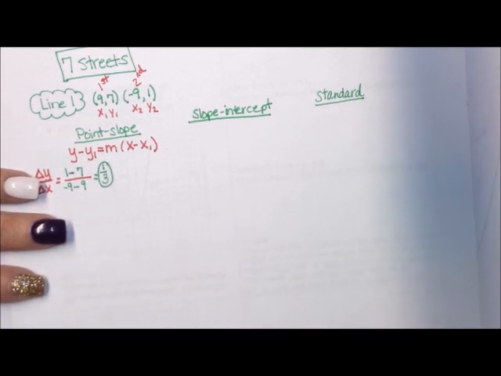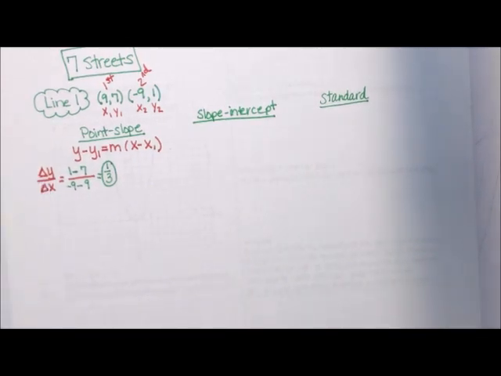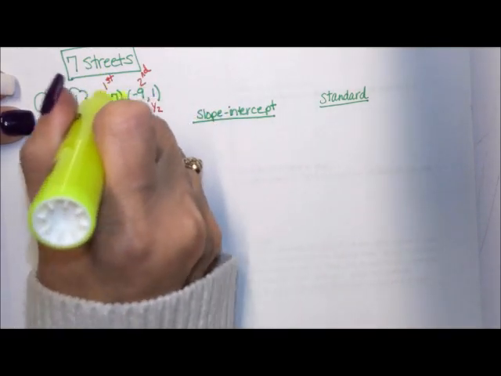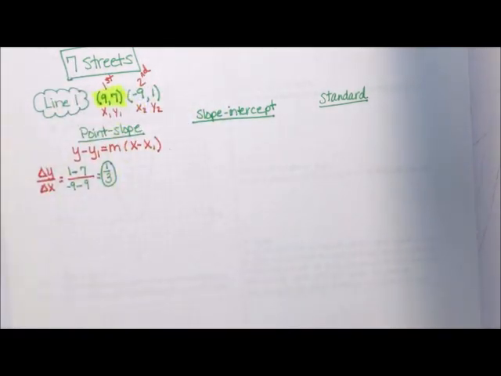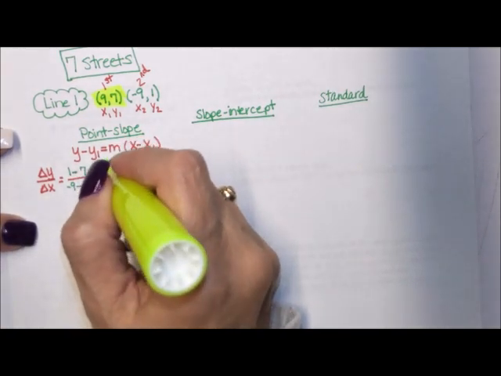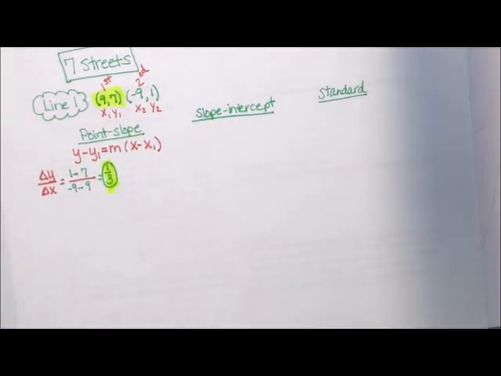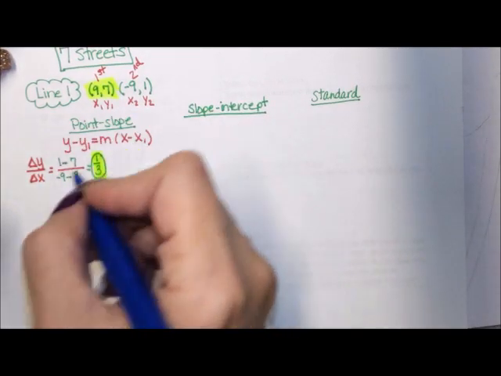Now, I need to also pick a point. Doesn't matter which one. I always pick the one that looks the easiest. I'm going to go with 9 and 7 because they're both positive. So here's my slope. Here's my point. Here we go. I'm going to switch to blue. I like to use different colors. It makes it a little easier.